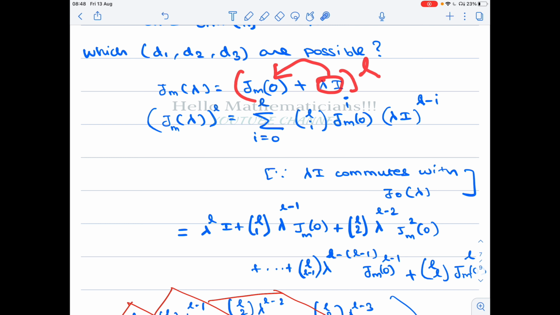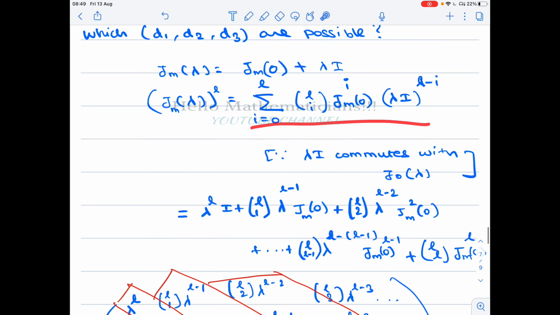A scalar matrix commutes with all matrices. Whenever two matrices commute, we can expand using the binomial theorem. So Jm of lambda whole power L is equal to the summation over i equal to 0 to L of L choose i, Jm power i of 0, then lambda I power L minus i. This is just the binomial theorem.